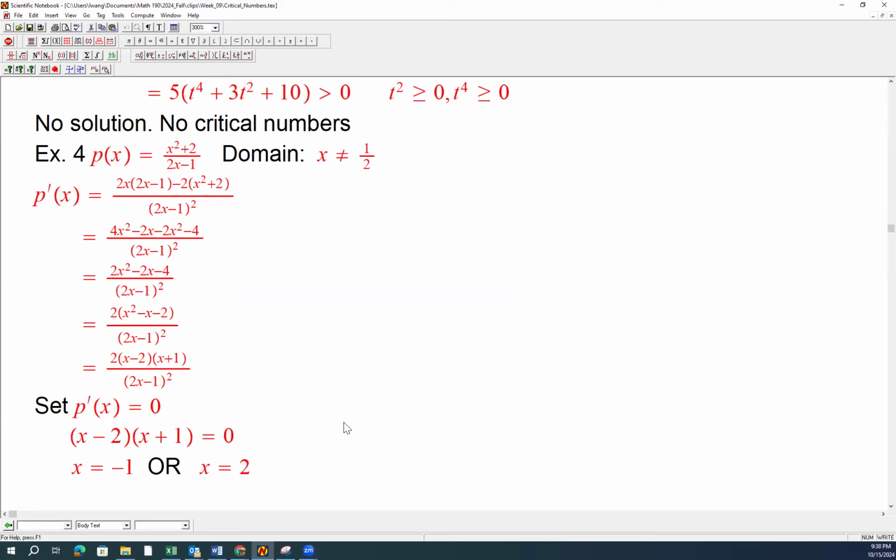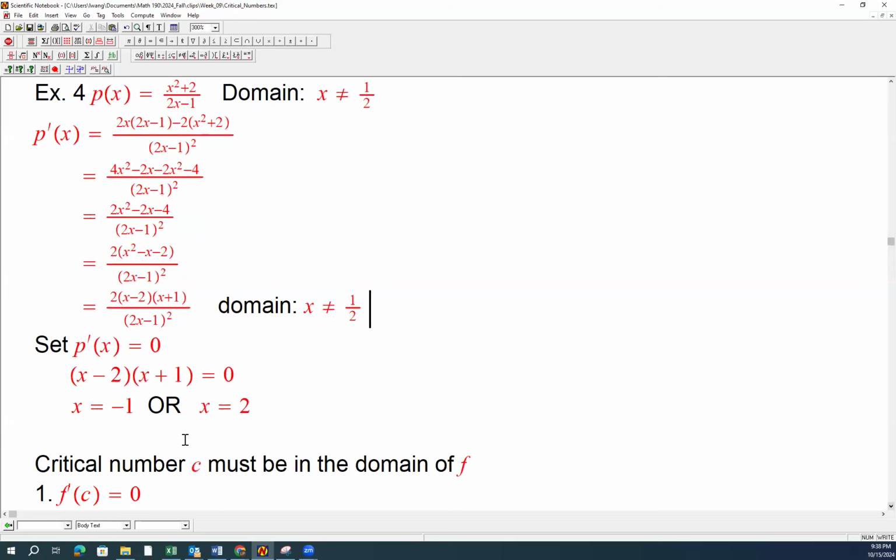Well, what we see here is that the domain of the derivative is the same as the domain of the original function. And therefore, there are no additional numbers.